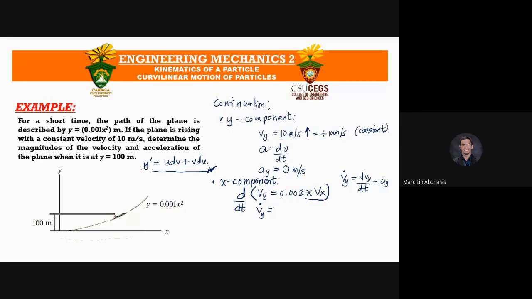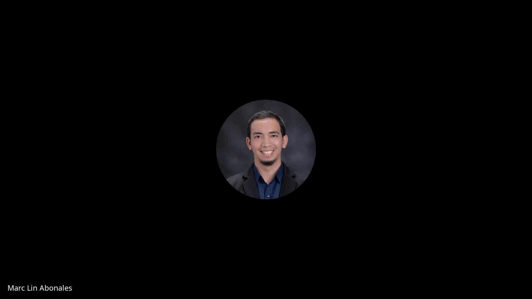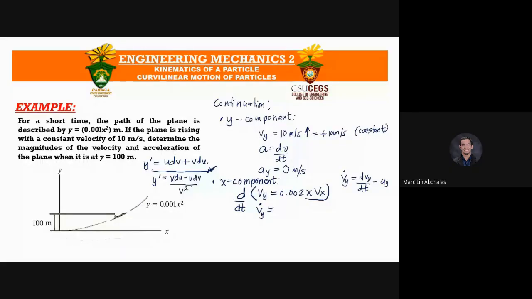The quotient rule is v du minus u dv over v squared, right? That is the quotient rule. Usually the term I use is u dv, v du, because it means each variable you differentiate, you find its derivative.